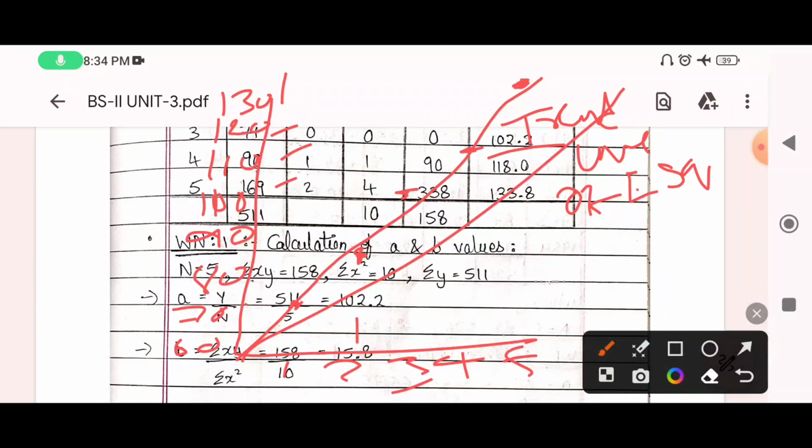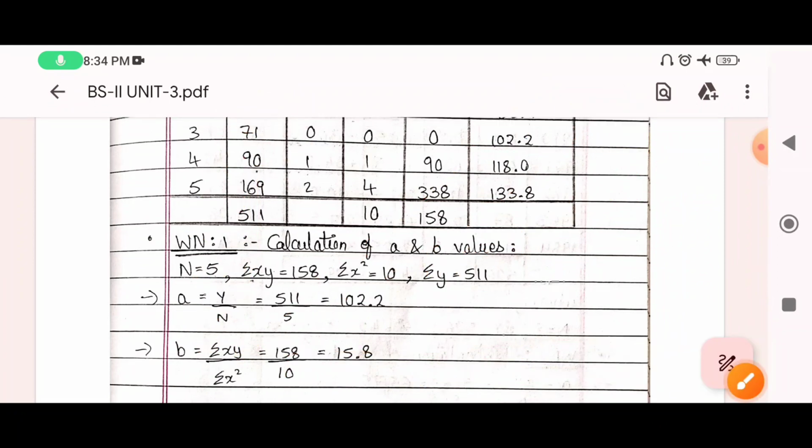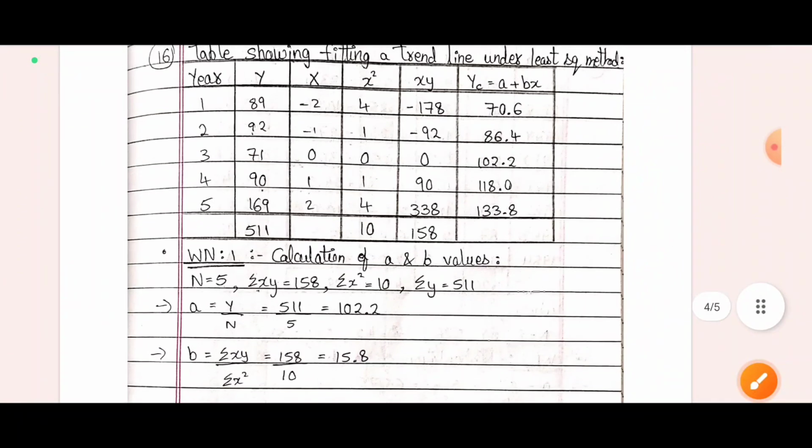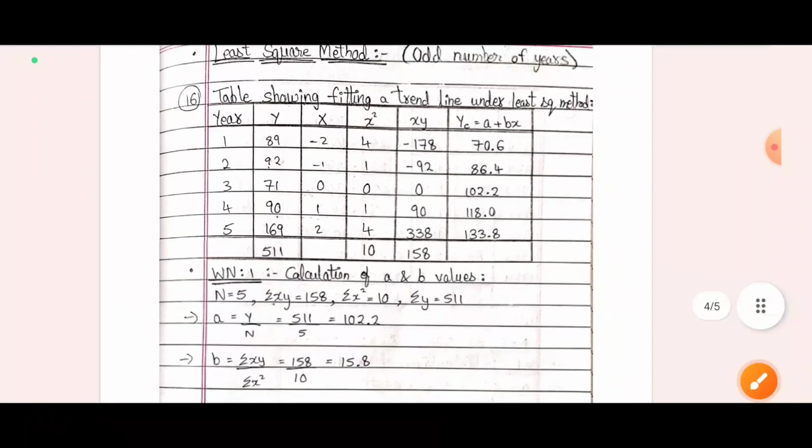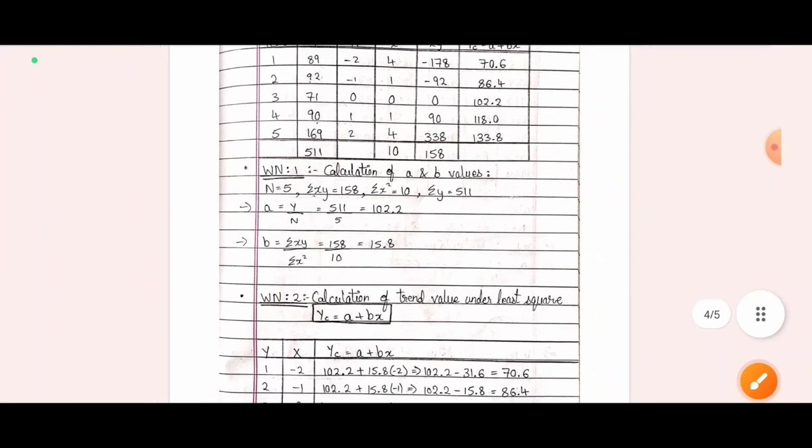With that, draw one more line with the original values. We need to do the graph, under the freehand method: one line with the original values and one line with the trend line of least squares. That is the answer at the end.